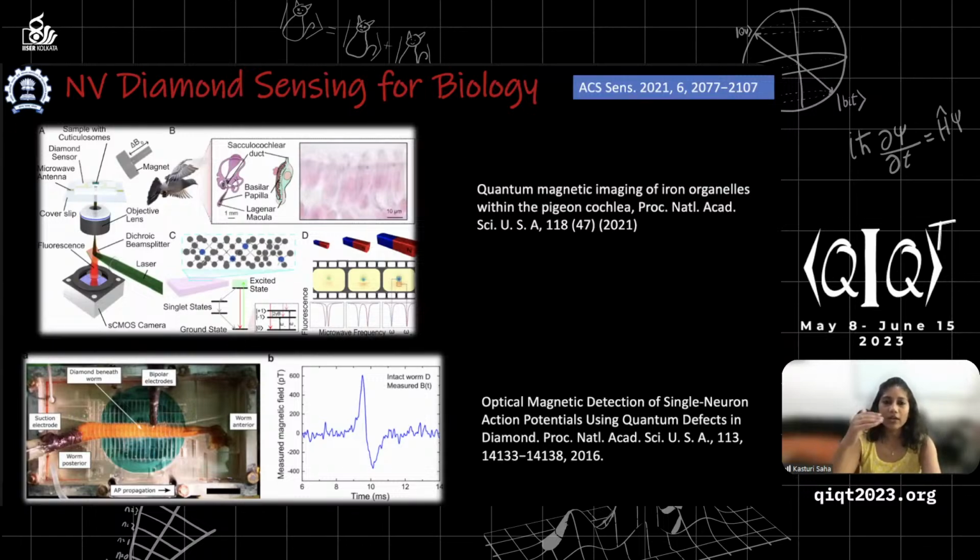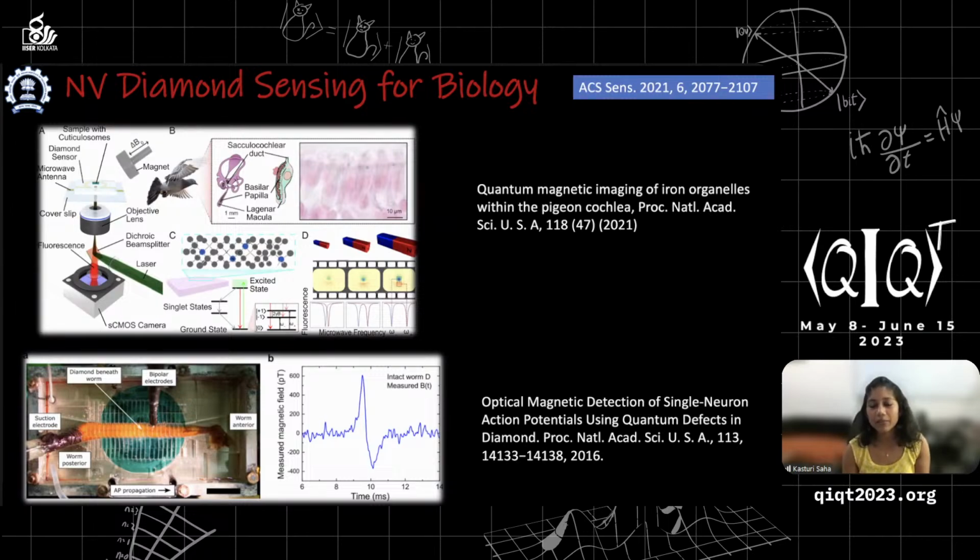So essentially what it does is that it emits these action potentials when they travel down the axon, and that has been measured with a bulk NV center sample that is sitting underneath this neuron.